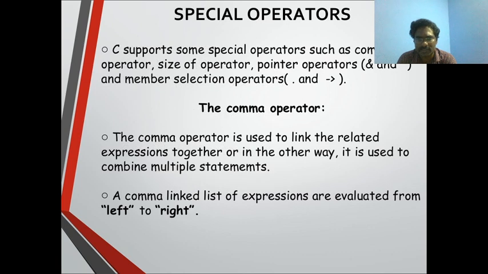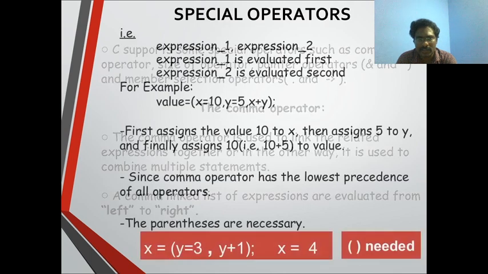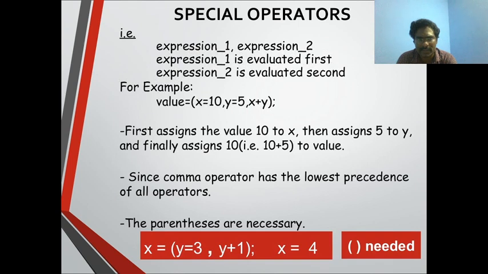Then the special operators are the comma operator, sizeof operator, and pointer operators. We are just going to see these operators. The comma operator is used when we have more than one expression; we can separate the expressions by using the comma operator. The example given is value equal to x equal to 10, comma, y equal to 5, comma, x plus y. Each expression is separated by a comma and stored in the specific variable.